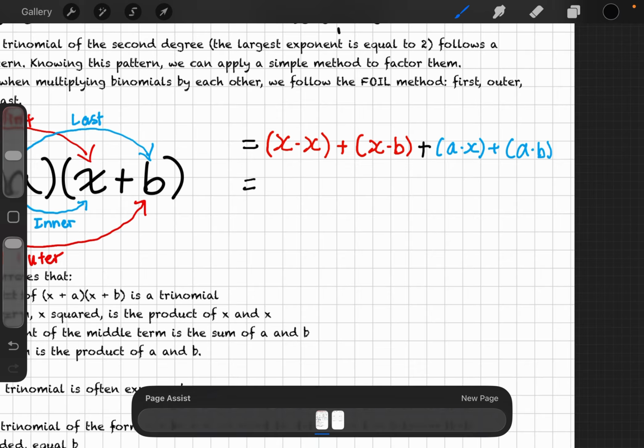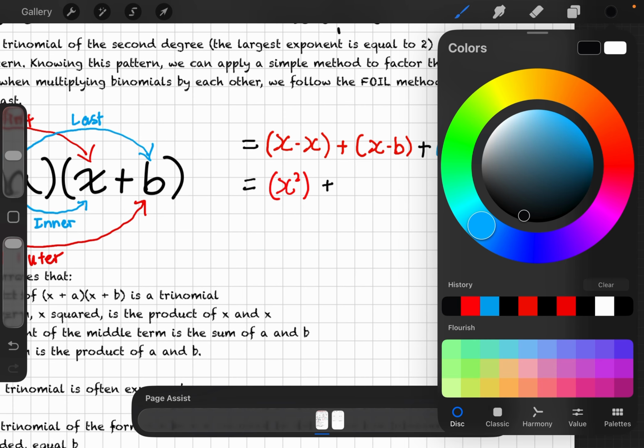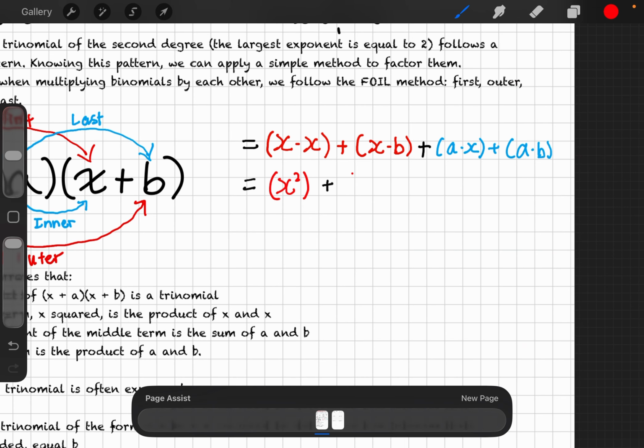This is equal to x squared, right? X times x is x squared, plus bx, right? X times b is bx.